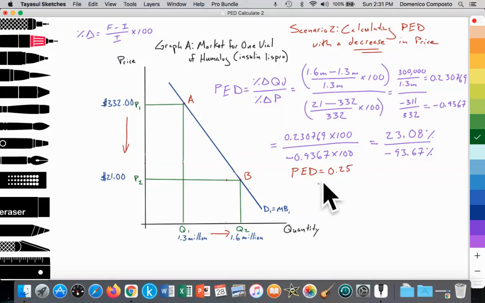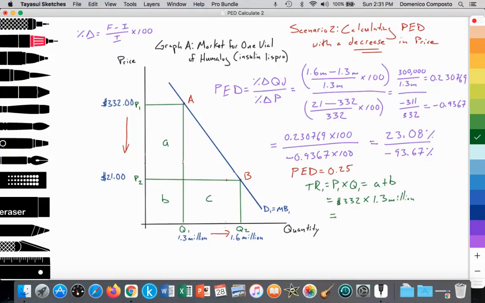The initial total revenue, which I'll call total revenue 1, is equal to P1 times Q1, price times quantity, which is equal to, we can label these areas A, B, C, the surface areas of areas A plus B, which should be equal to the price of $332 multiplied by 1.3 million.